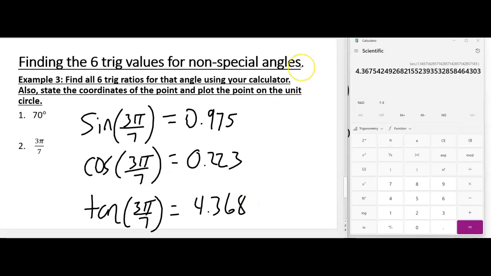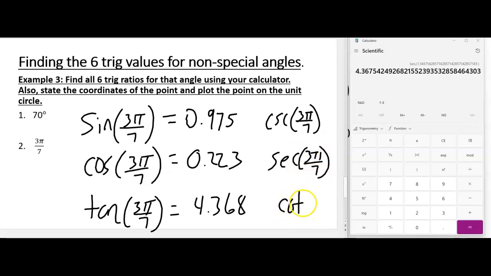Now, if I want to find the reciprocal ones, cosecant, secant, and cotangent, all I'm going to do is I'm going to take the reciprocal of the numbers they're next to. So cosecant of 3 pi over 7 is going to be the reciprocal of the sine value.